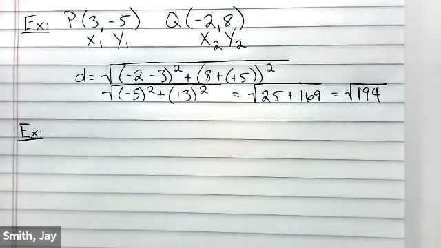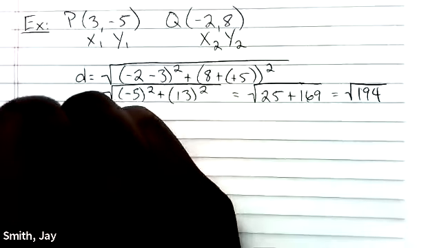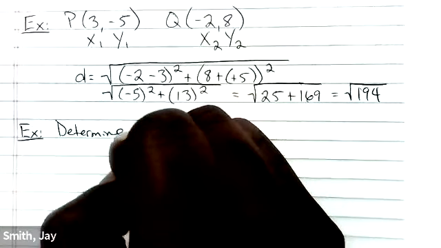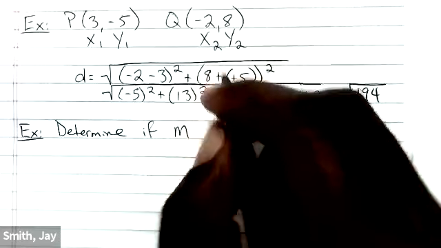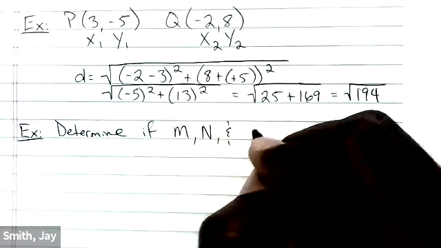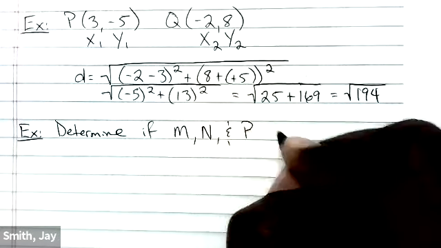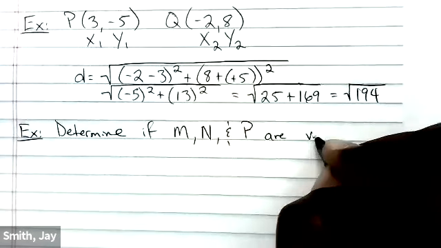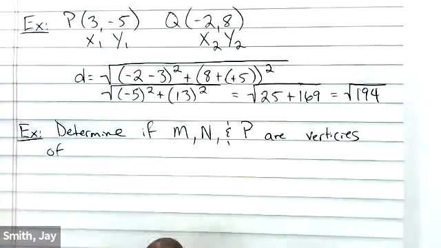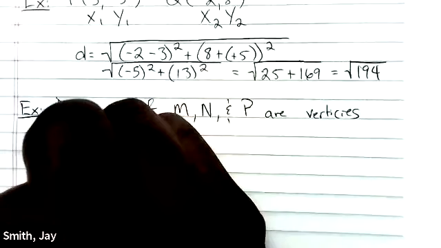Next type of problem we're going to see in this section. Still dealing with the distance formula. This time we're asked to determine if M, N, and P are vertices of a right triangle.